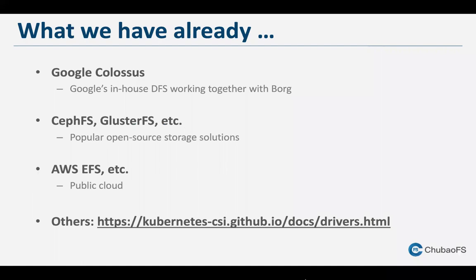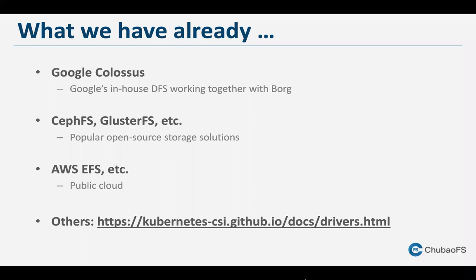TrueBio-FS is not the first or the only distributed file system that can be used for cloud native apps. We have so many options there. For example, Google's Colossus file system, which is Google's in-house distributed file system implementation that works together with Borg.